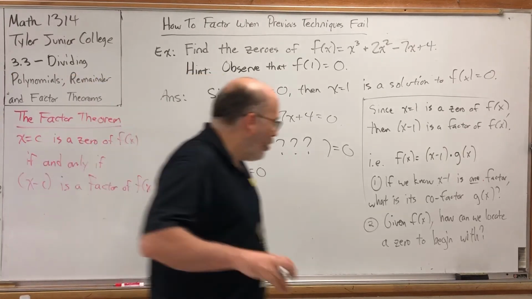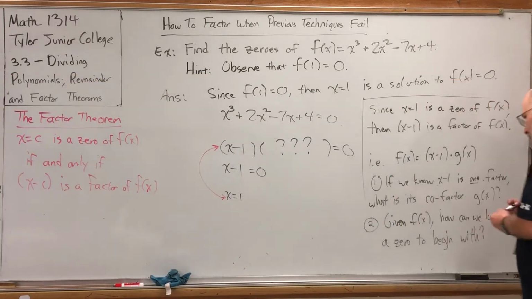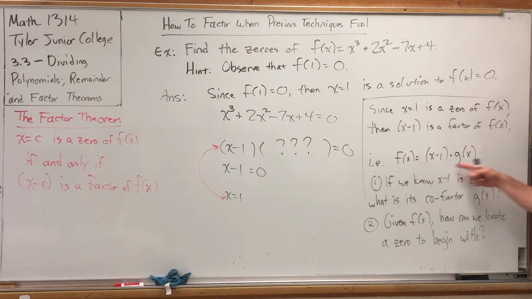In fact, we can go ahead and answer the first question. If we know one factor, x minus 1, how do we find the other factor? That's like asking you to solve this equation for g of x. Well, I know how to solve for things. I can get this g of x alone if I divide both sides by x minus 1.